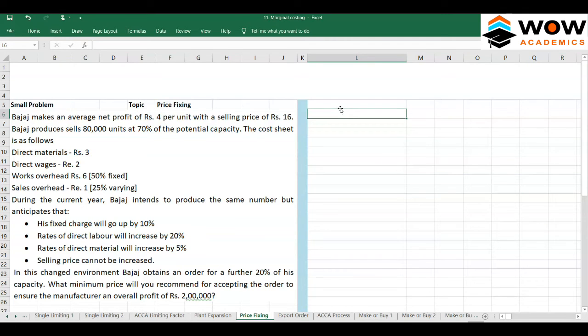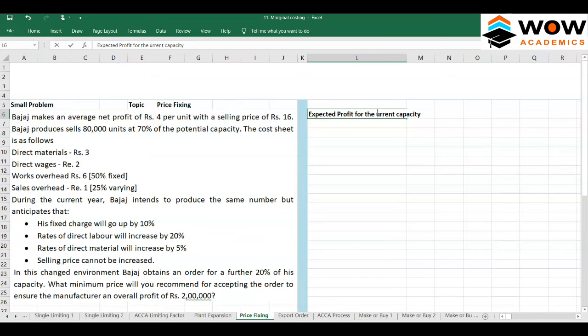So we'll try to find out the expected profit for the current capacity.